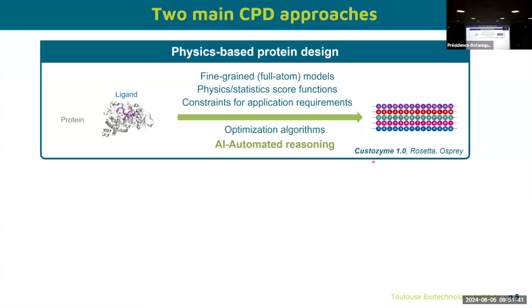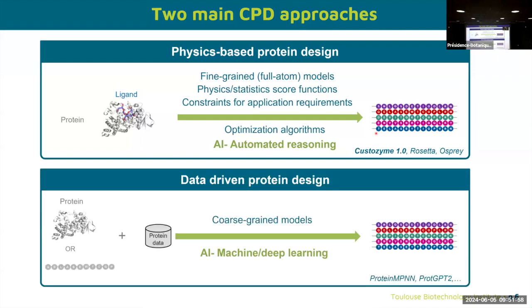And with the increasing mass of protein data now available and the progress in AI and deep learning, we can now use data-driven protein design methods that can use either a 3D structure, such as ProteinMPNN, or only a sequence, such as ProGPT, with a coarse-grained model trained on protein data to predict the best sequences.